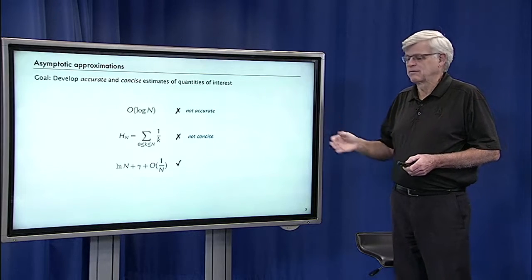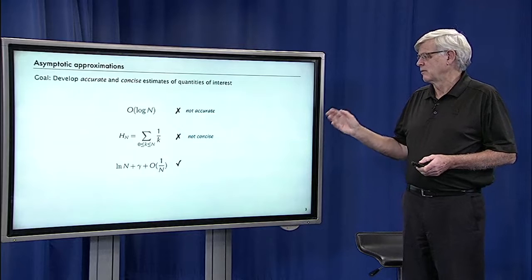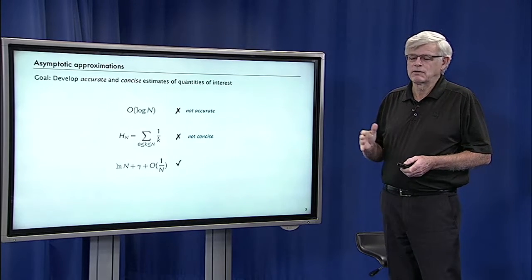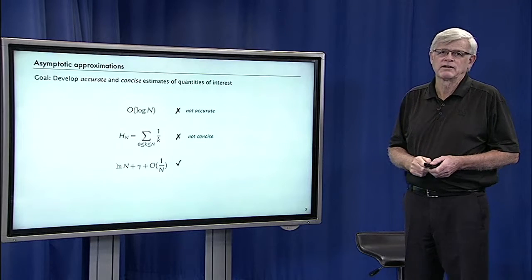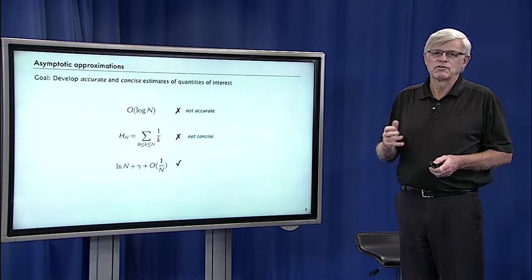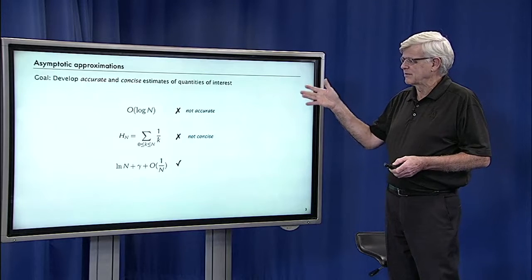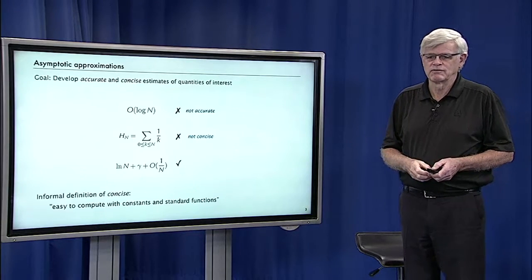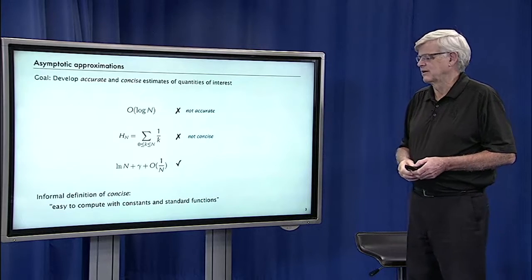So that one for large values of n will give a numerical result that's very close to the quantity that we're interested in studying. And we'll see lots and lots of examples, but that's the basic goal. We want concise and accurate estimates of the quantities we're interested in studying.